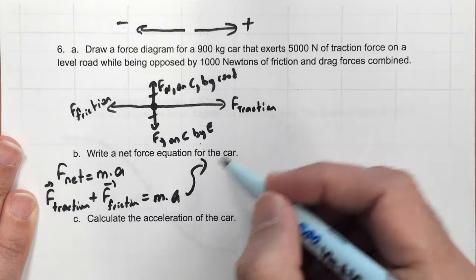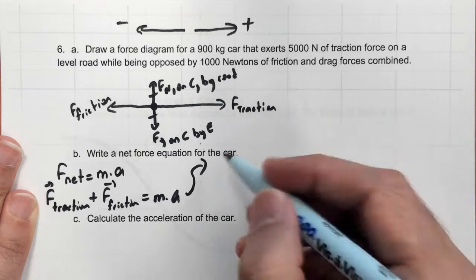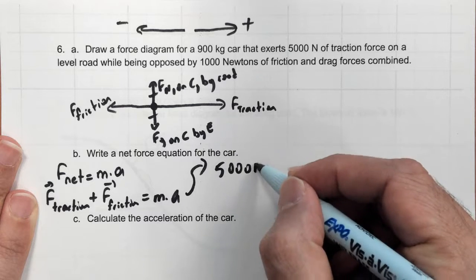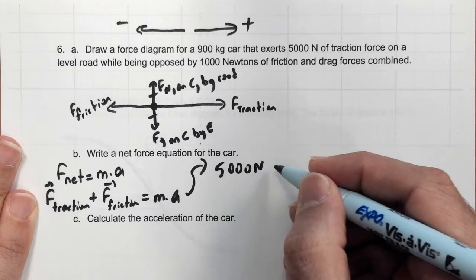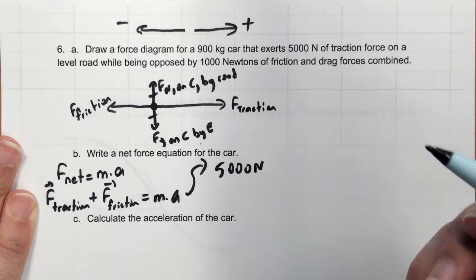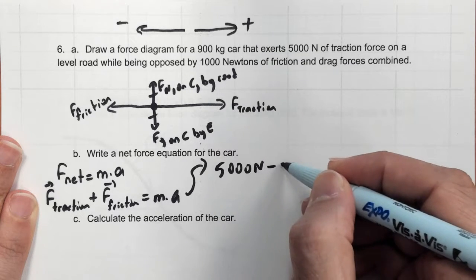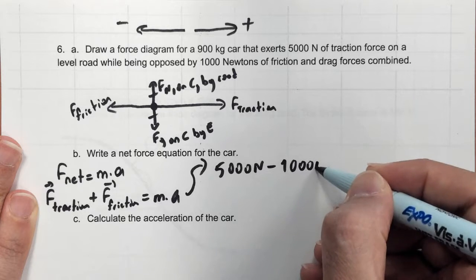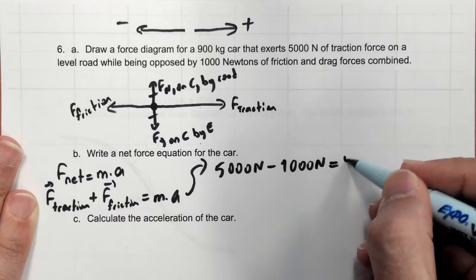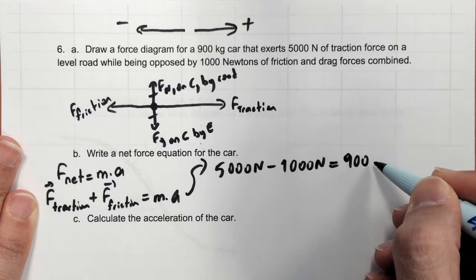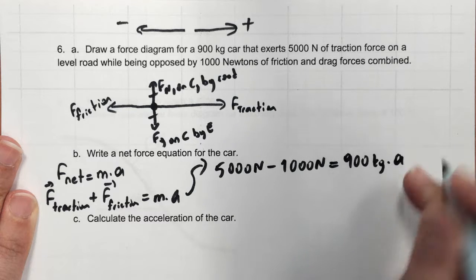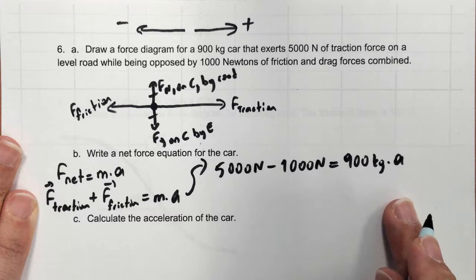Okay, force of traction is to the right, that's why it's positive 5000 Newton, and friction force and drag force are combined, and this is to the left, that's why it's going to be negative 1000 Newton. Mass is 900 kilogram, and acceleration is the question mark we are trying to find.